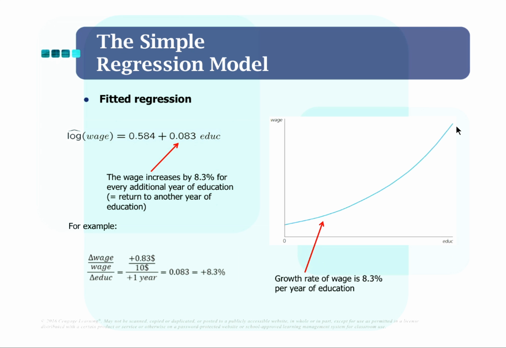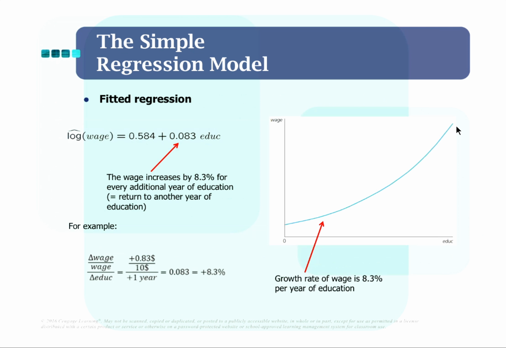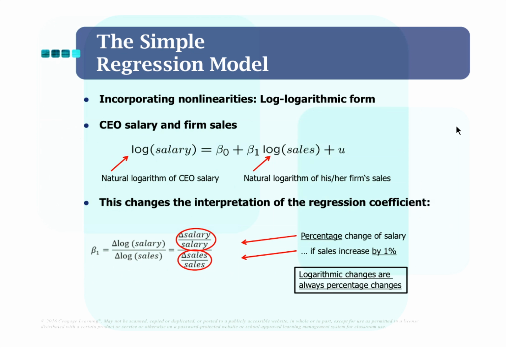This is the semi-logarithmic form, and another commonly used type of regression model is this logarithmic form. Okay? So we have both the log of the dependent variable and the log of the independent variable.